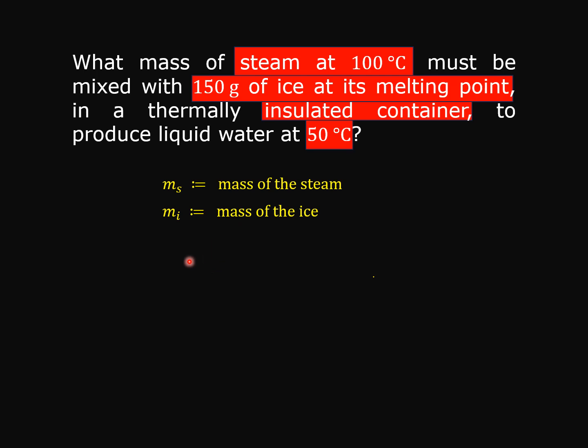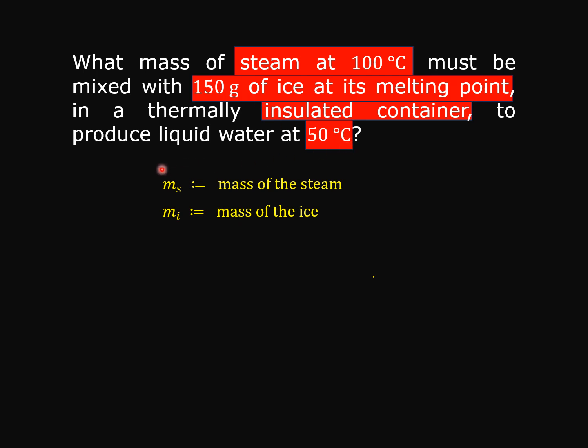Our aim is to find what is the mass of the steam required to melt the 150 grams of the ice completely and then raise its temperature to 50 degrees C.